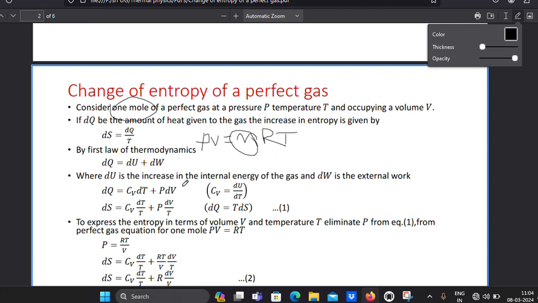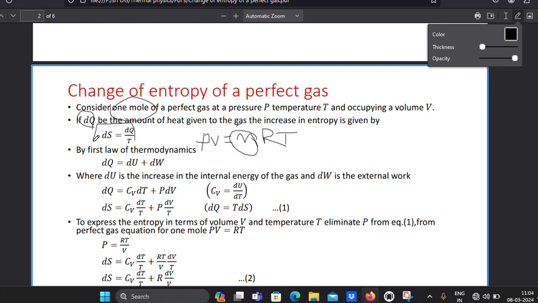Now if dq is the amount of heat given to the gas, the increase in entropy is given by, if we supply dq amount of heat energy to the gas, its entropy changes as dS = dq/T.